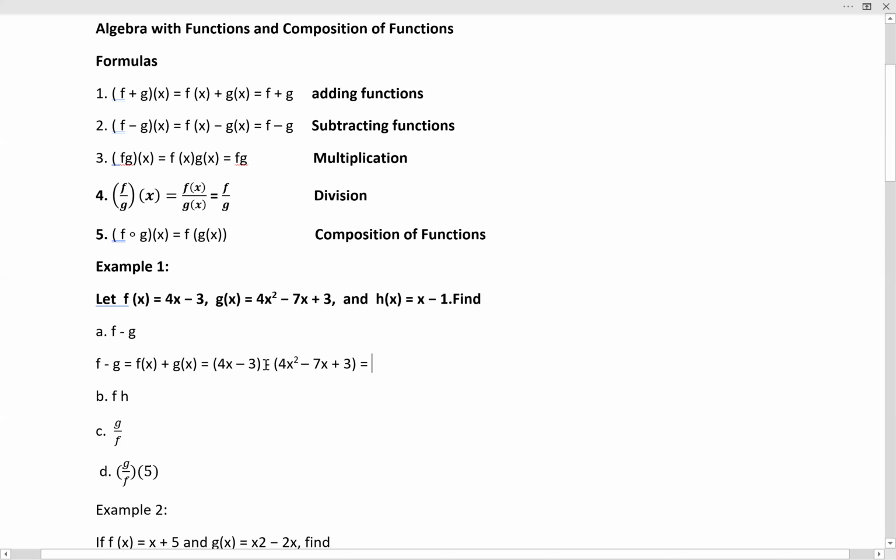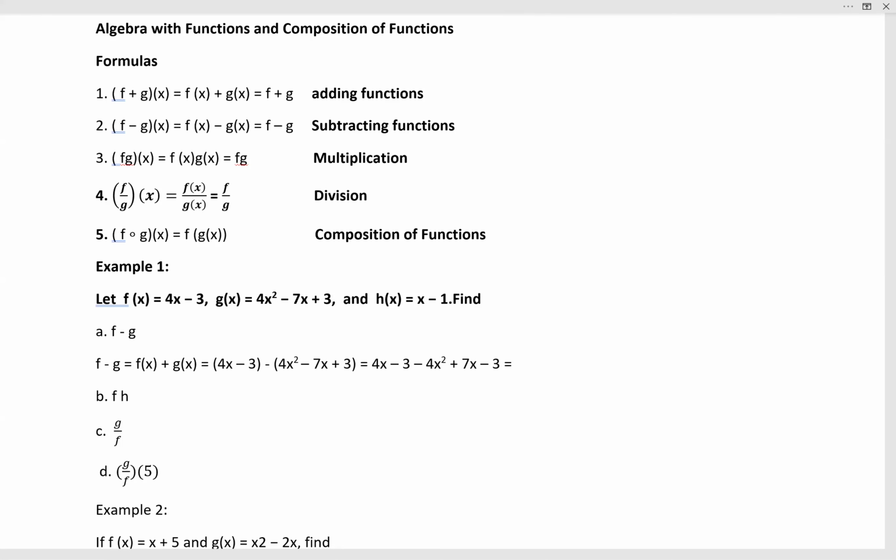And now I'm going to do distribution for the negative here, and because it's a negative, all the signs for the g(x) here will be changed. So now I'm going to open the parentheses. So 4x minus 3, and then minus 4x squared. I change the sign, right? Plus 7x, I change the sign, and minus 3.